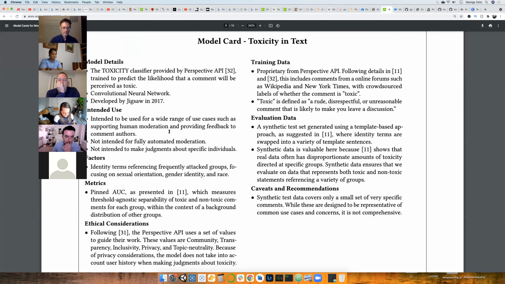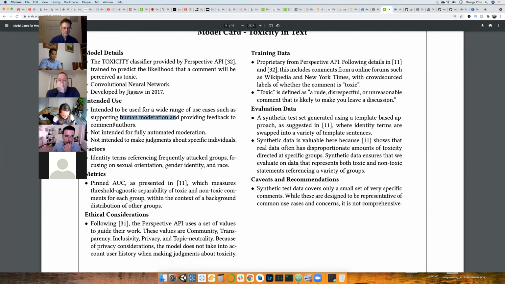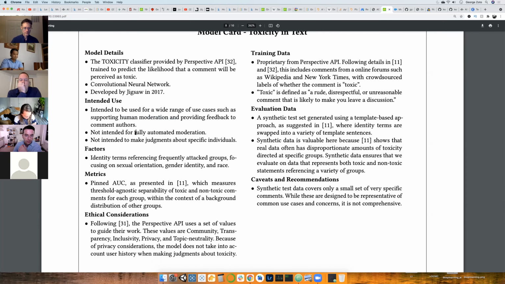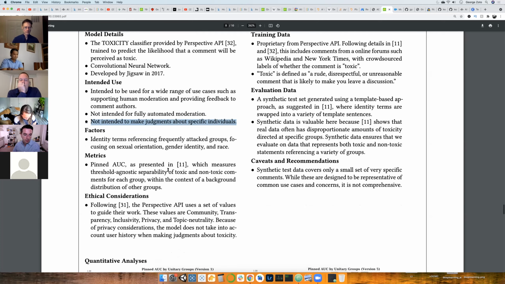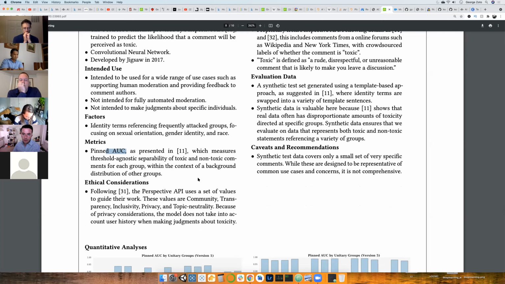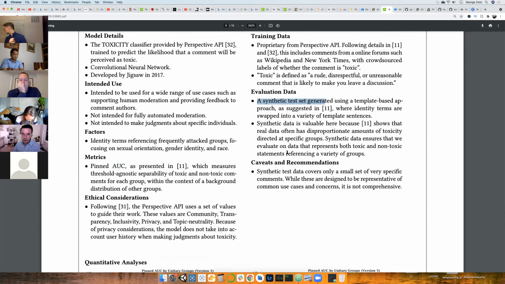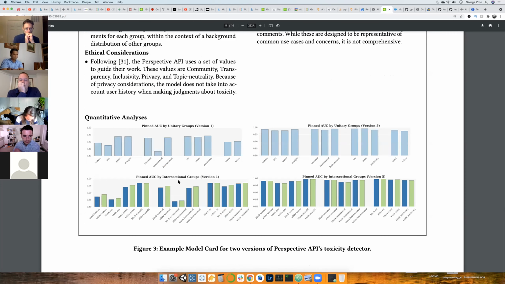Intended use for a wide range of use cases, such as supporting human moderation or providing feedback to comment authors. Not intended for fully automated moderation. Not intended to make judgments about specific individuals. Factors, metrics, ethical considerations, where the training data came from, and so forth.